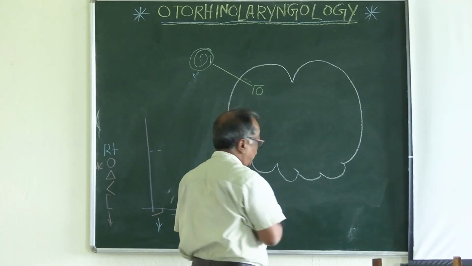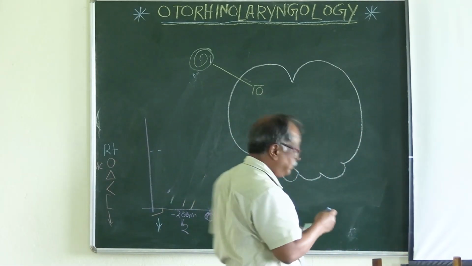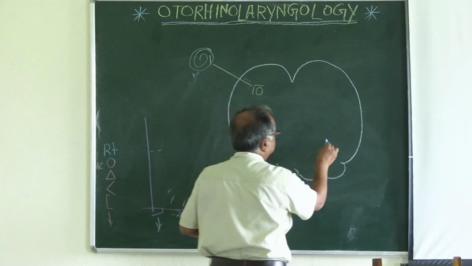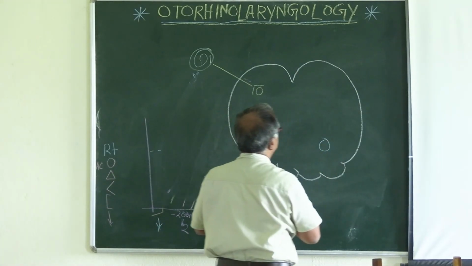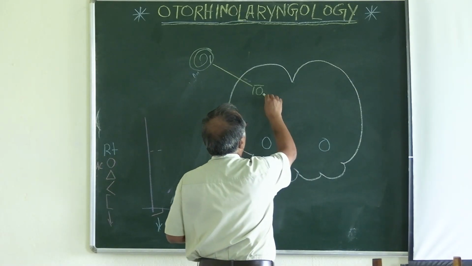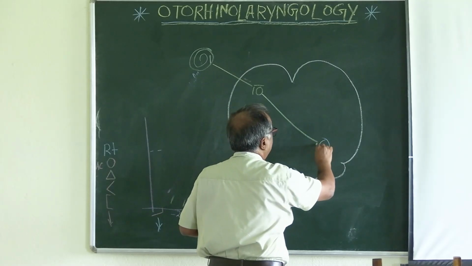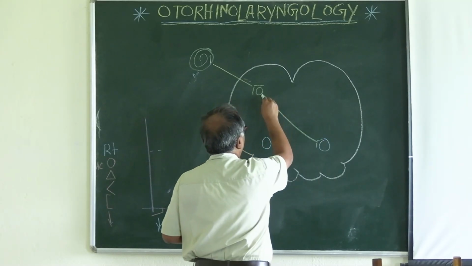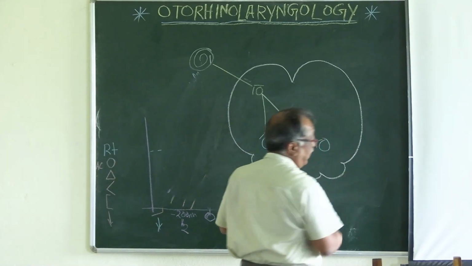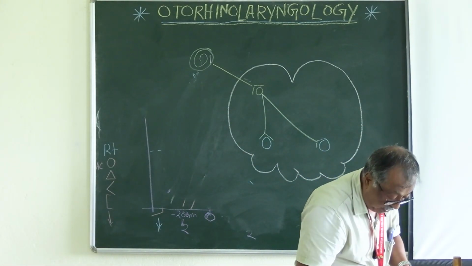And it is the olivary area. Here the nerve goes in that way, and here in that way. This is the superior olivary area. The superior olivary area and trapezoid body.